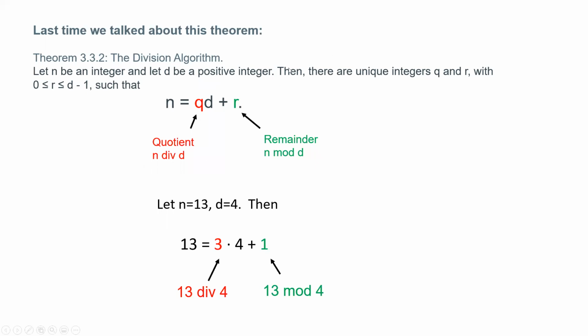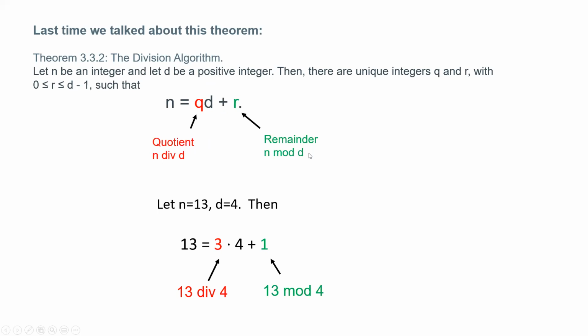Last time we talked about the division algorithm, which said that if we have two numbers, n and d, we can write them this way: n equals some number times d plus r. And we said that if we write it that way, what goes in front of d is the value n div d, and what goes in place of r is n mod d.